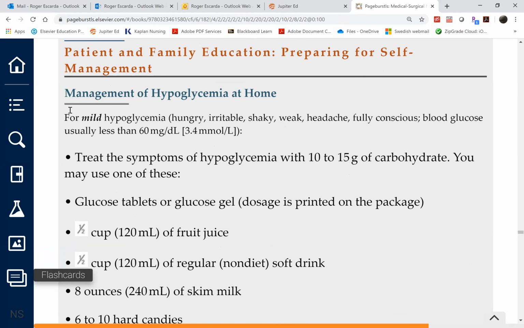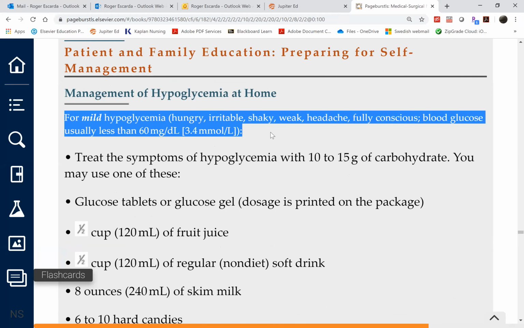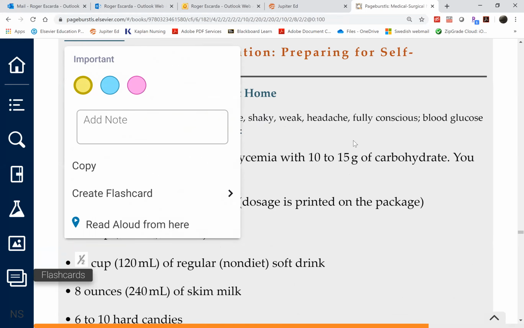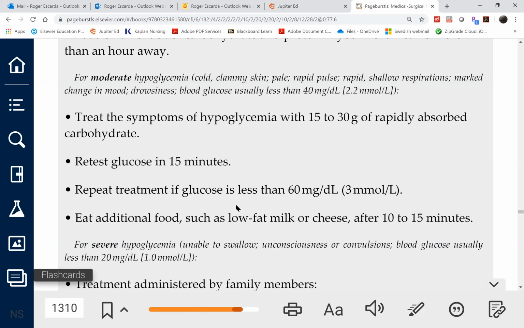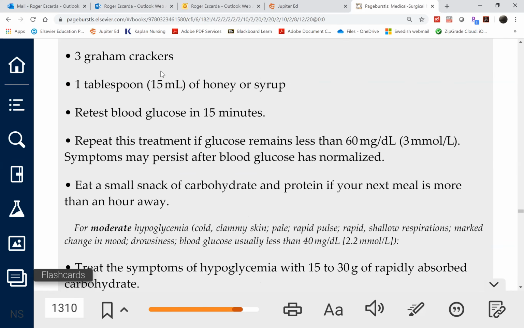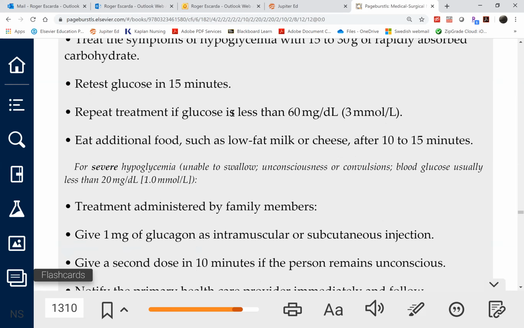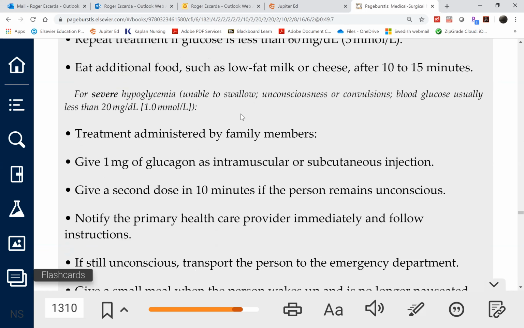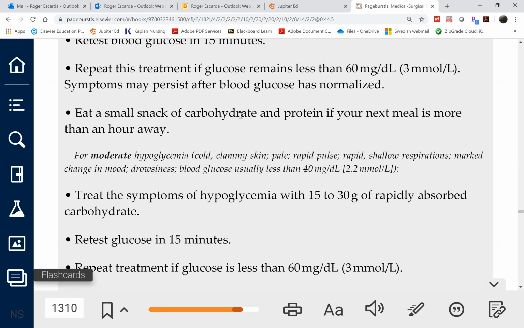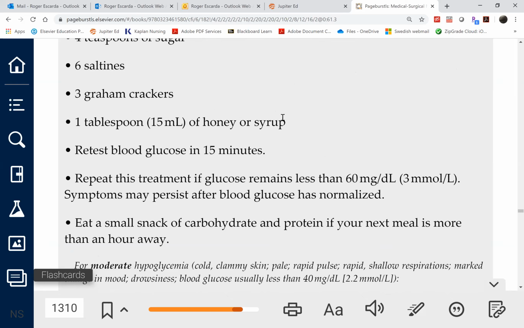Meaning, although these are what's recommended, so let's say for mild, these are what you give. And for moderate, these are what you give. You double what you were giving in mild. And then finally, you give parenteral injections for severe.